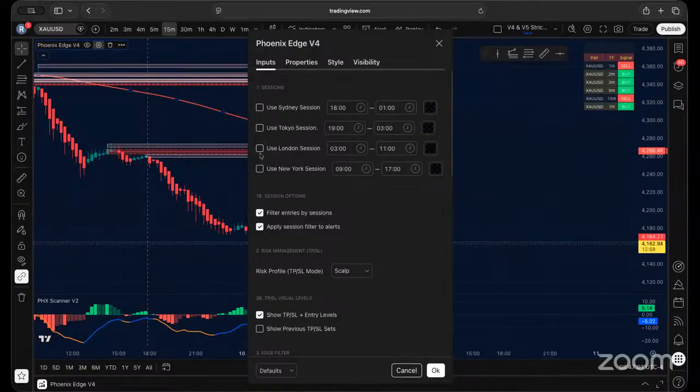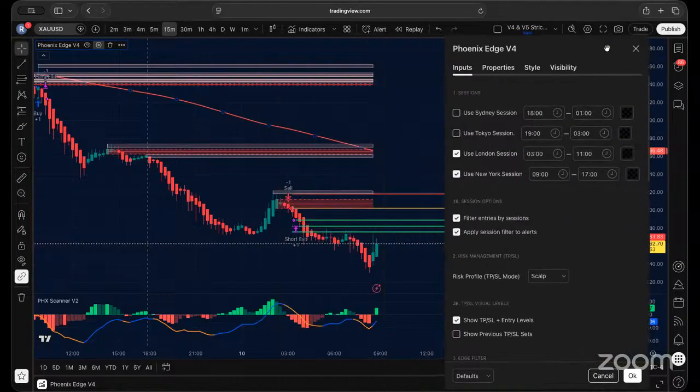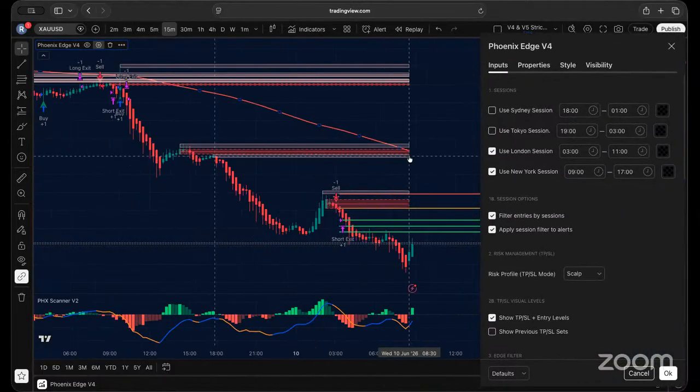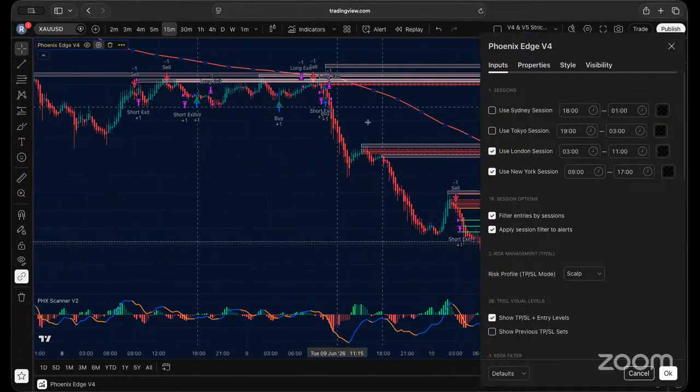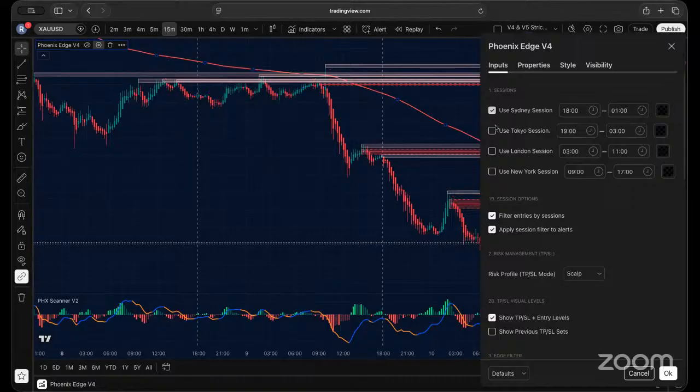So if I only want to trade for London and New York, because that just works with my schedule, they're only going to show me signals, right, during those time frames. But if I only wanted to trade during Tokyo or Sydney, again, they're only going to show me signals that appear during those time frames.